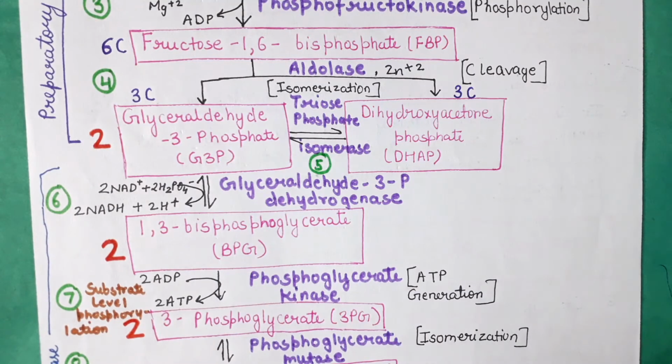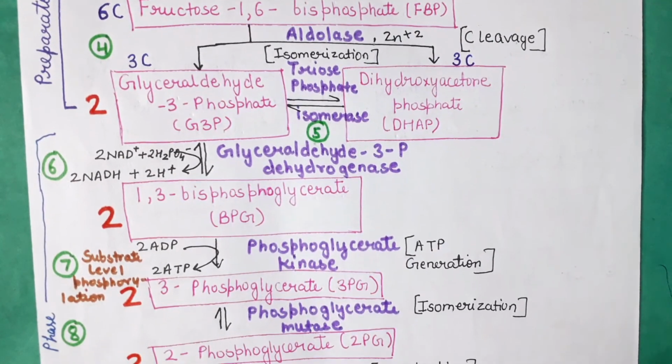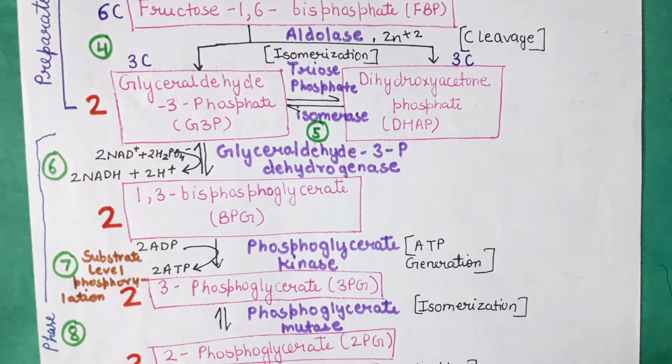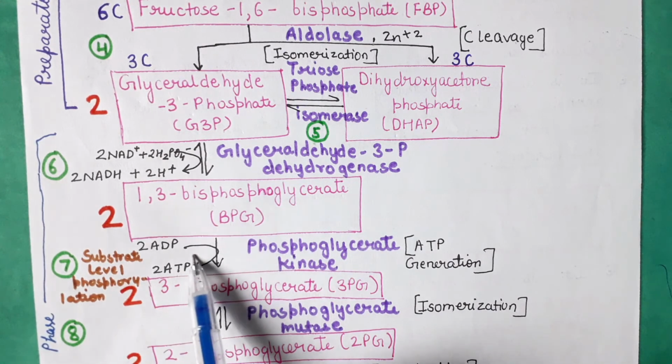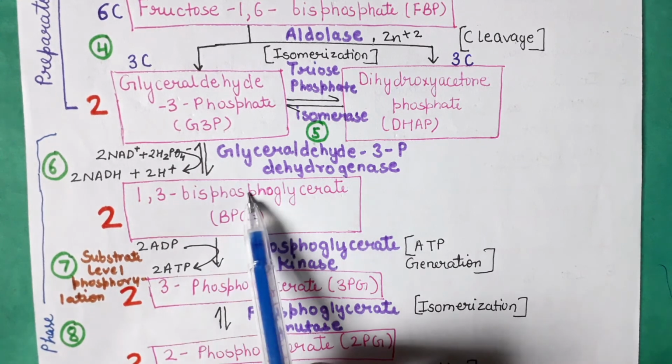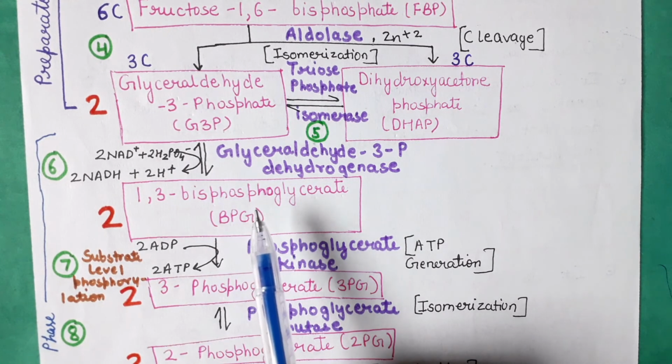Now let's talk about substrate level phosphorylation. It takes place within glycolysis, where it is the direct generation of ATP from a substrate containing a phosphate group.